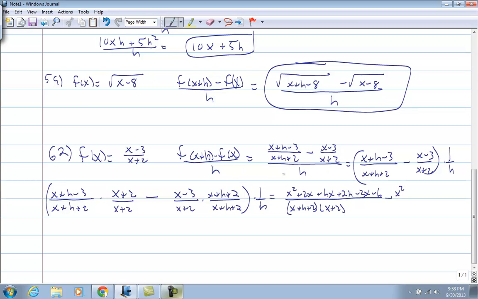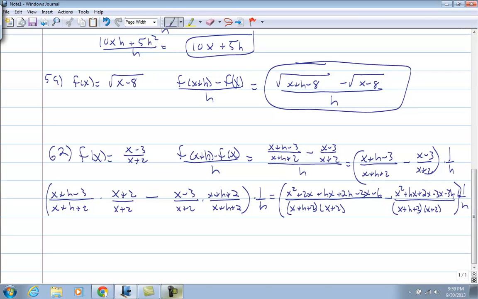X times h is hx. X times 2 is 2x. Negative 3 times x is negative 3x. Negative 3 times h is negative 3h. And negative 3 times 2 is negative 6. And that whole thing gets multiplied by 1 over h.